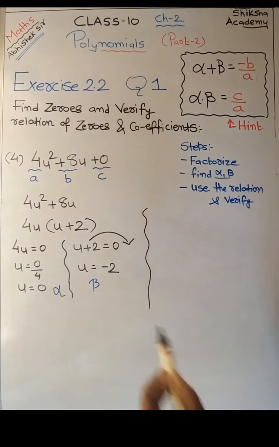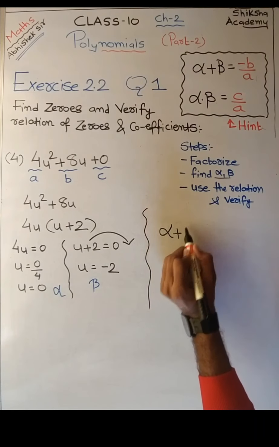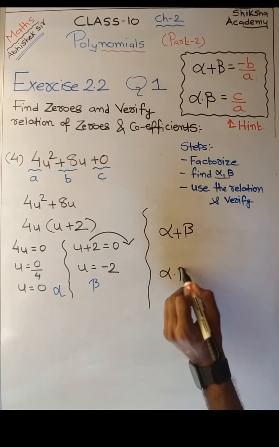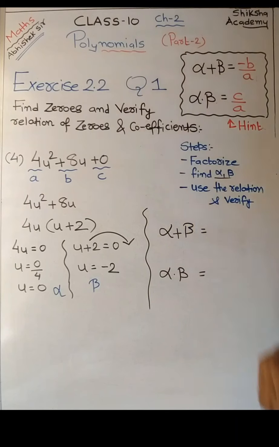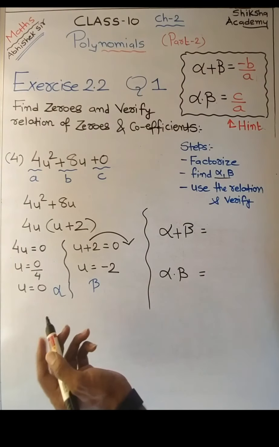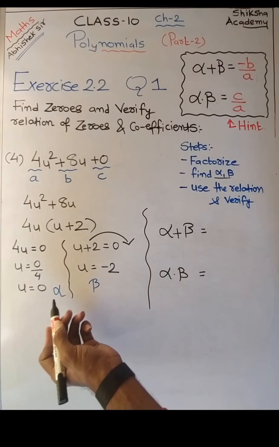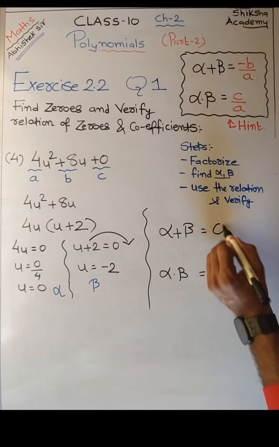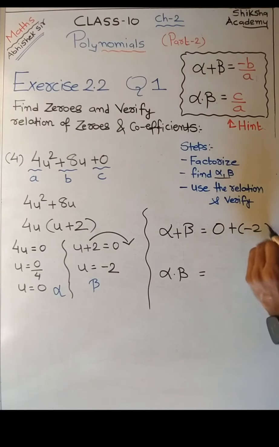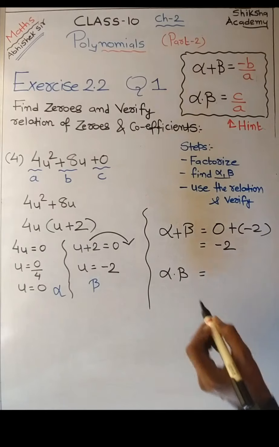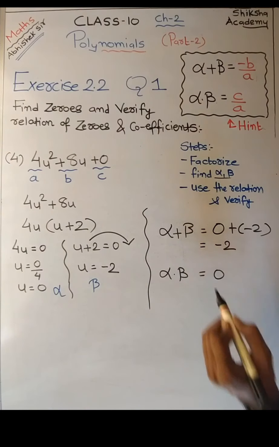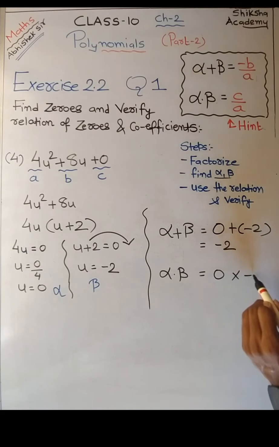So let us go for simple addition and product. Alpha plus beta, so that is 0 plus minus 2, that is equal to minus 2. Alpha into beta, 0 into minus 2, so that is 0.